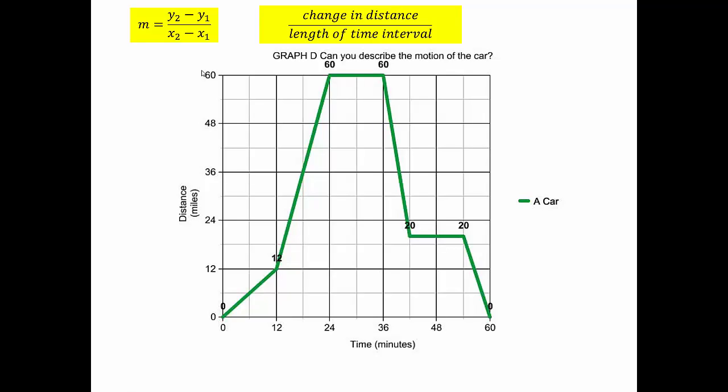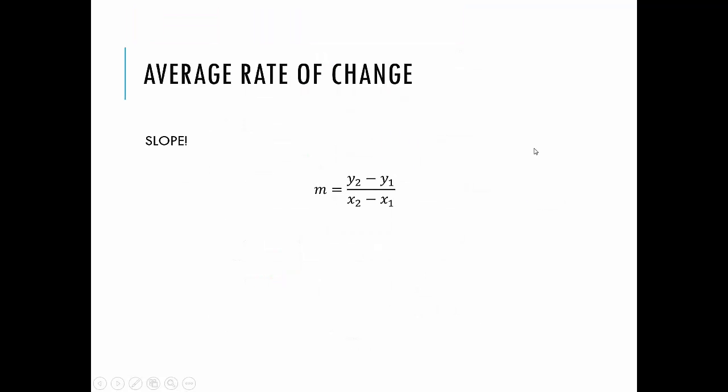Well, if you notice, that's the slope. If I find the distance total, so the y2 minus y1 would be my total distance, and then I divided it over the total time, that gives me my average speed, which is simply the formula for the slope. You're used to seeing y2 minus y1 over x2 minus x1.